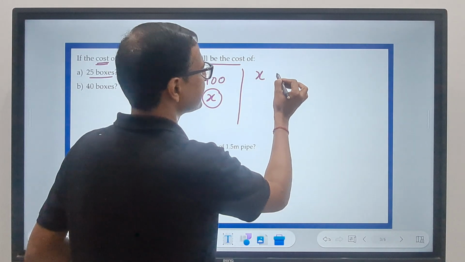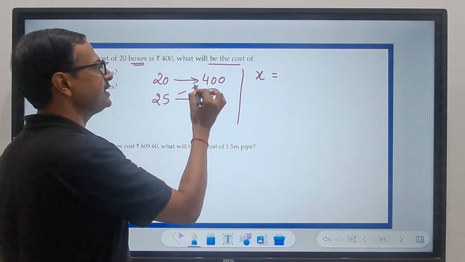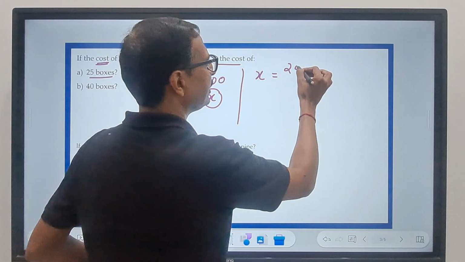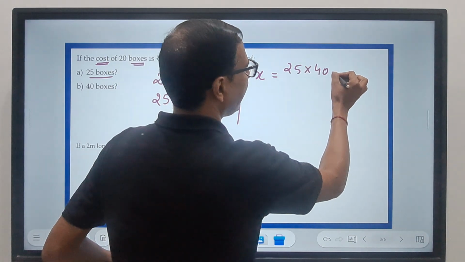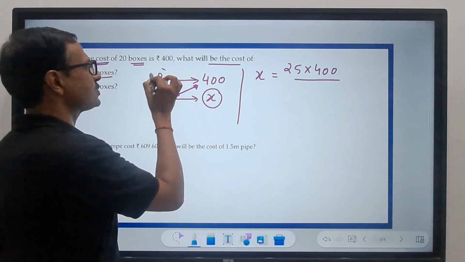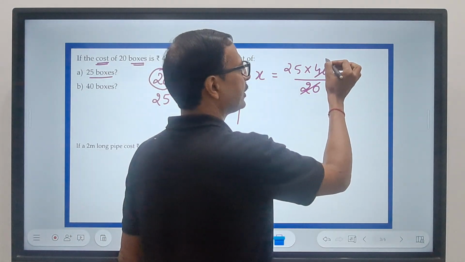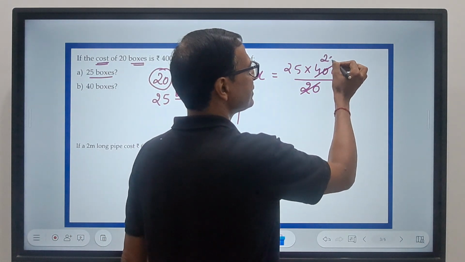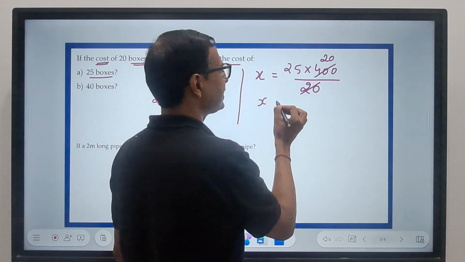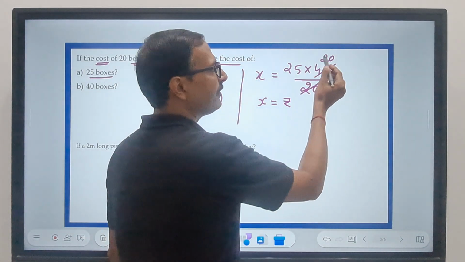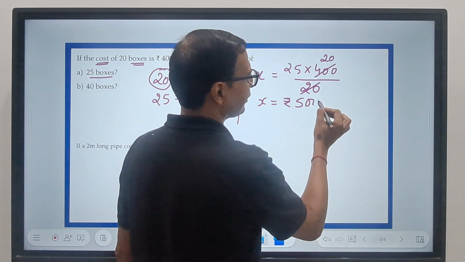For finding X, just cross multiply these two, that is 25 and 400 in the numerator, and divide it by this quantity 20. You can see 20 cancels 400 exactly 20 times, and therefore X is rupees, because it's the cost, 25 into 20, which is 500.